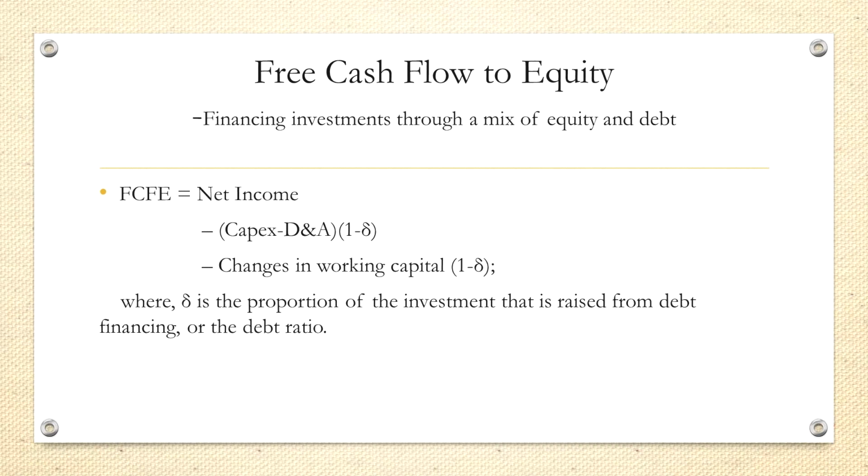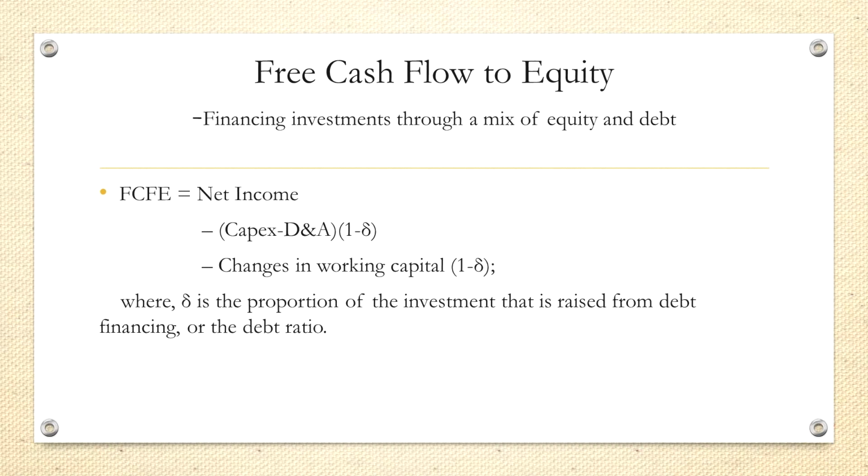And in most cases, the company will finance future reinvestment not only through equity financing but also through debt financing. It's very likely the reinvestment will happen through a mix of equity and debt financing. If that is the case, we need to make a little adjustment in estimating FCFE by adding this delta. What is delta? Delta is the debt ratio. That is the proportion of investment that's going to be raised from debt financing.